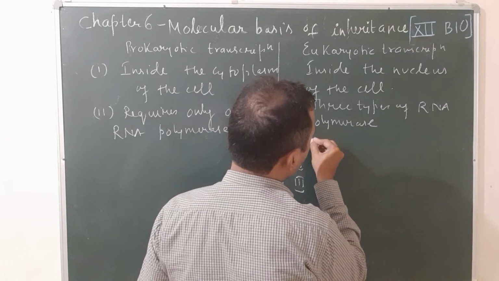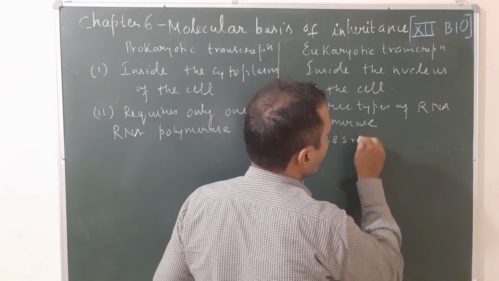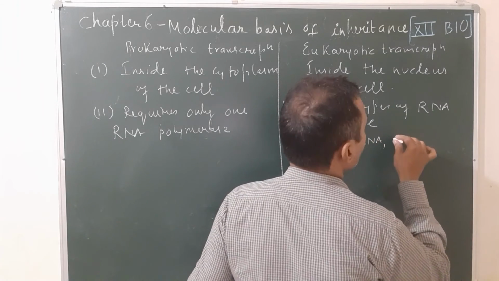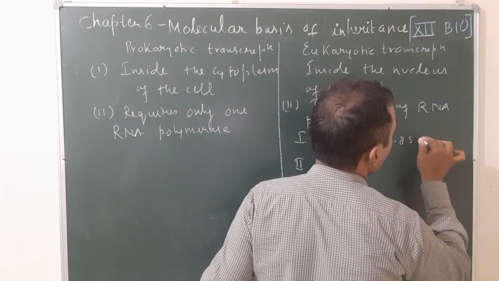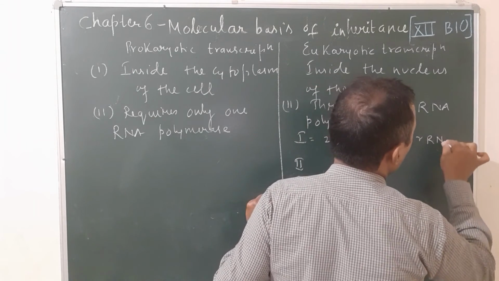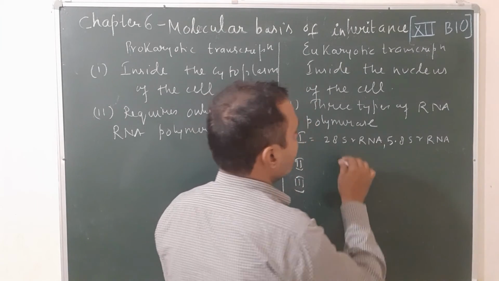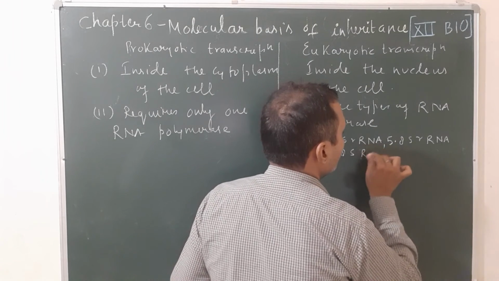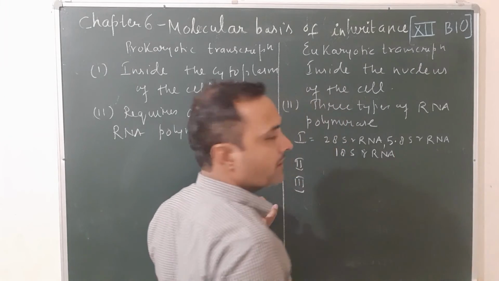RNA polymerase I synthesizes 28S, 5.8S and 18S rRNA, ribosomal RNA.